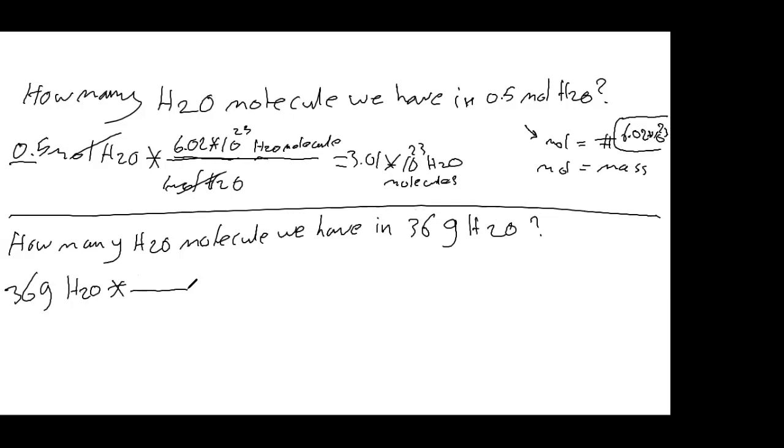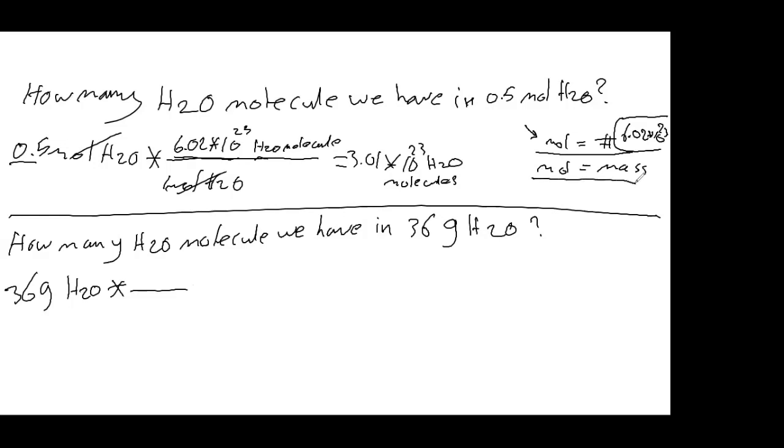Could be one factor, could be two factors. Guys, be careful. So which one will you use? If you use the first one, which gives you the relationship between mole and number, do you think it will help us? Look at here. Do we have a mole? No. Now, what if we use the second one, mole and mass?